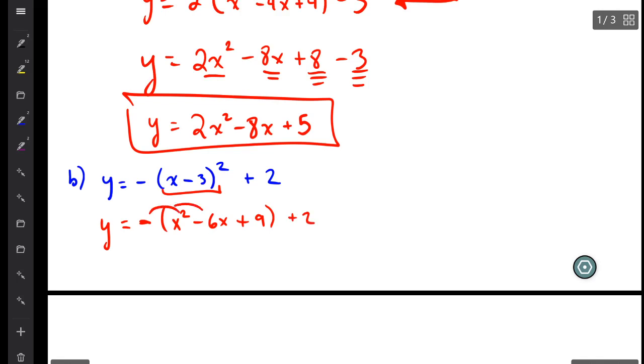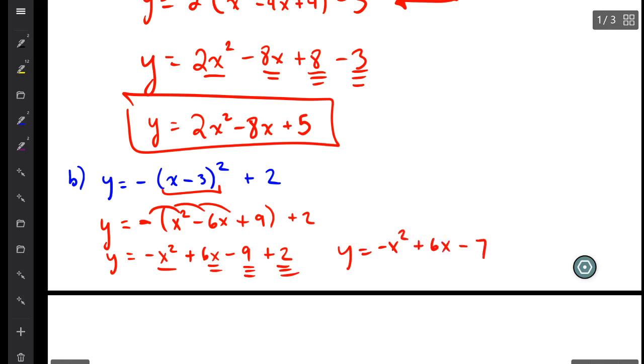Then I'm going to take my a and distribute it. And make sure we leave that plus 2 at the end. And then now I'll just add my like terms. We have y equals negative x squared plus 6x minus 7.